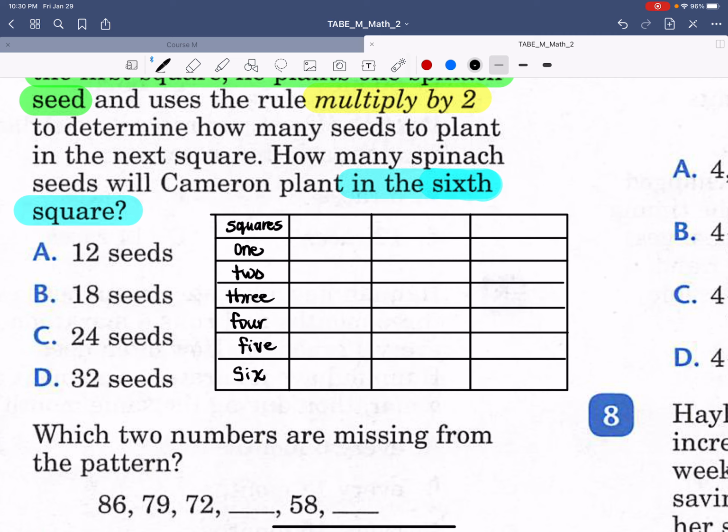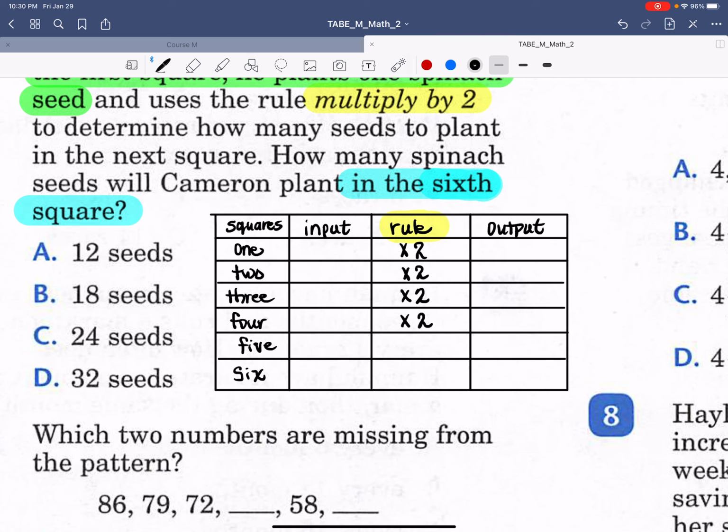Okay. Then we have input, rule, and output. Now they told me the rule this time. I don't have to find that. The rule is multiply by 2. And that will be the rule for this whole table.